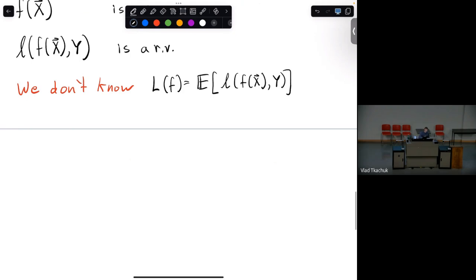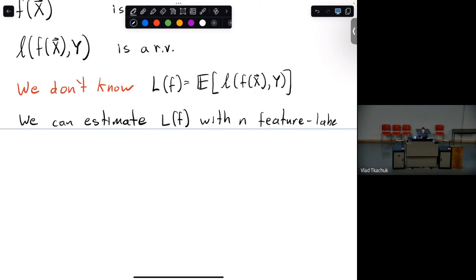But the story turns out that we can estimate this expected loss of our predictor F with n feature label pairs. Before we estimated with n coin flips, now we're going to estimate it with n feature label pairs.